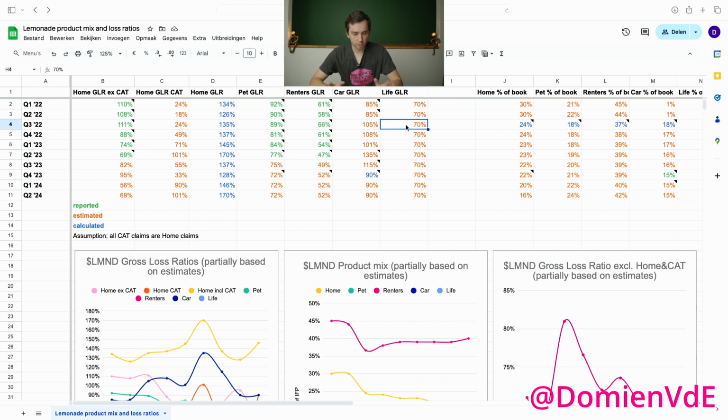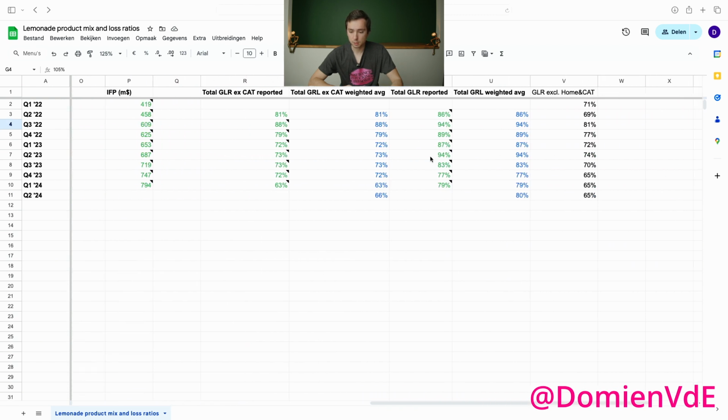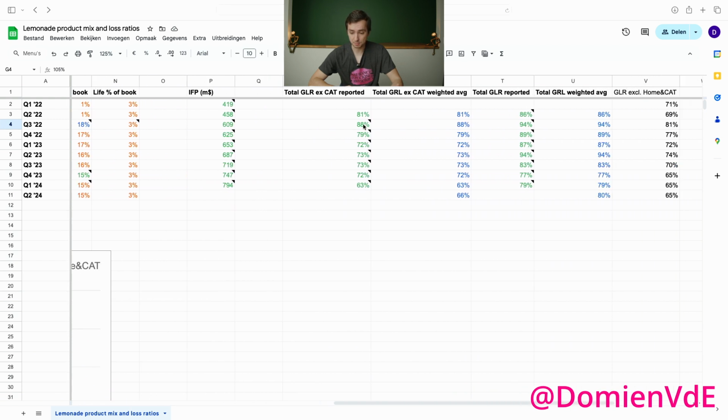Life is a very small part of their business, so it doesn't really matter that much how much you type in here. It's basically the car gross loss ratio that will be determining this figure here. So since everything has to match what they reported, we have a way to know these orange numbers. So that's how I came up with these.